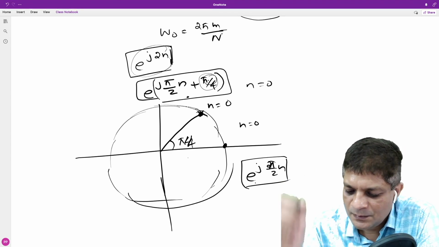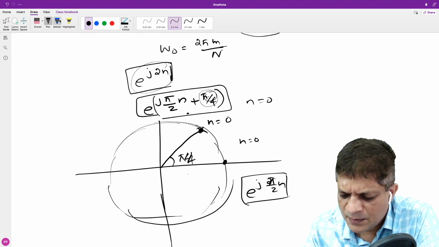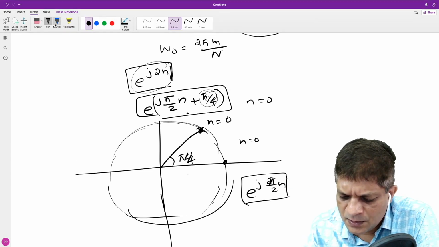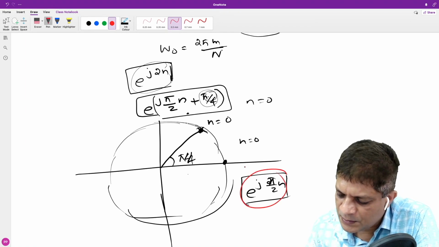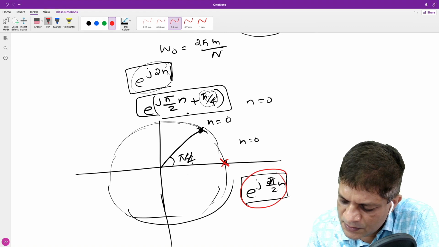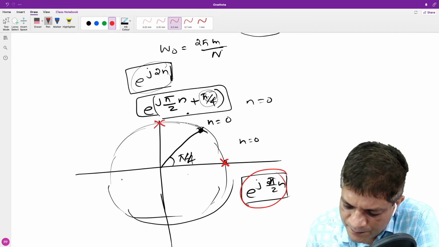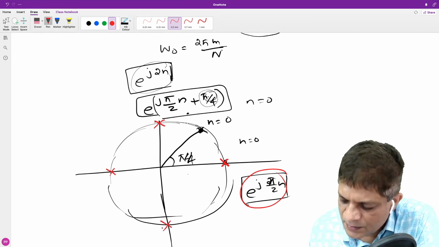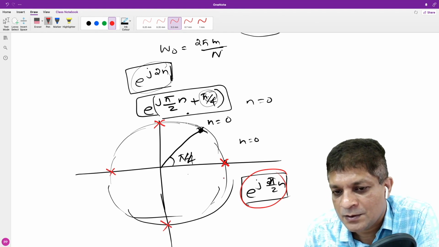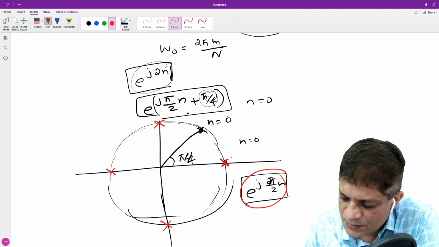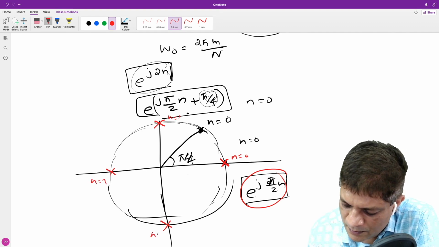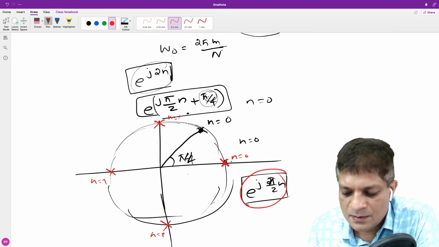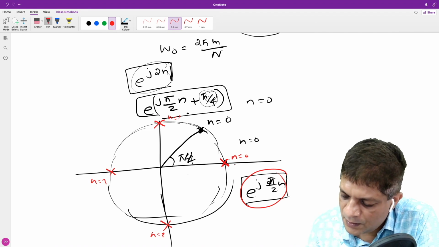Suppose we consider this without phase shift, these are the sample points, 0, 1, 2, 3, 4.